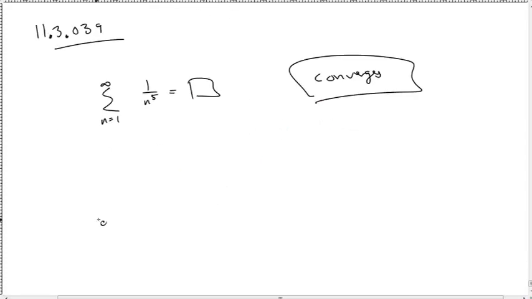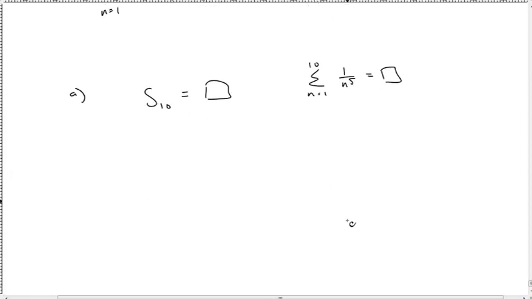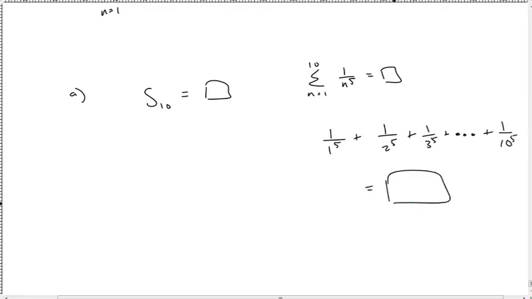No, they want every little piece along the way. They say, find S sub 10. In a sense, this is part A. They're saying we're starting at 1 and going to 10, and they want you to plug those all in. So you need to plug in 1 to the 5th, 2 to the 5th, 3 to the 5th, all the way out to 10 to the 5th, add them all up, and you get a number.